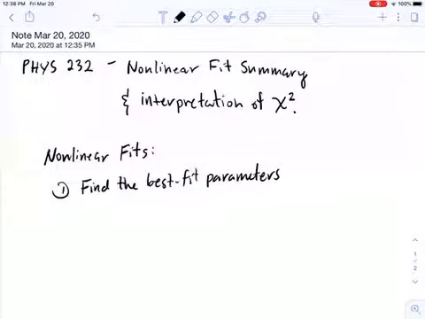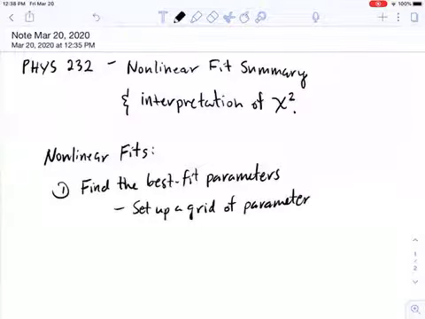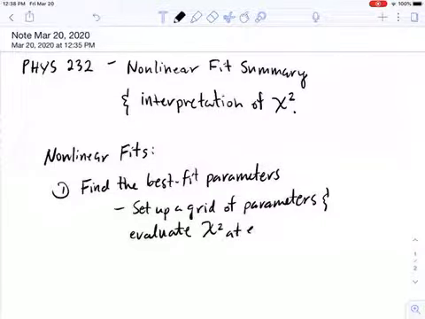And one way that we thought about doing that was to set up a grid of parameters and evaluate chi-squared at each grid point.